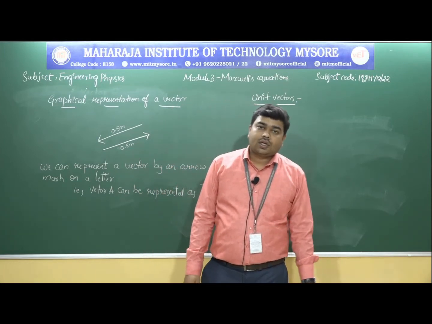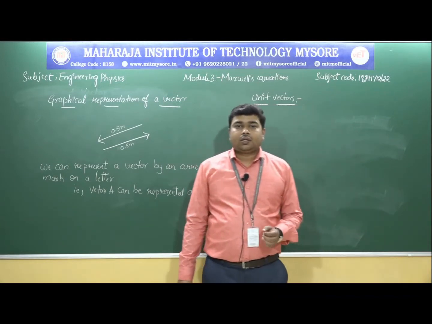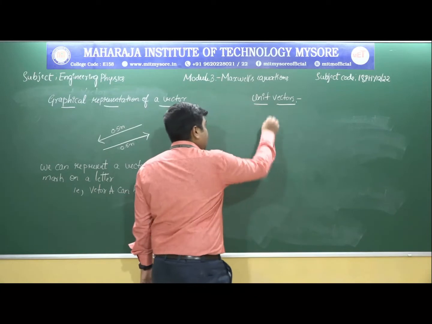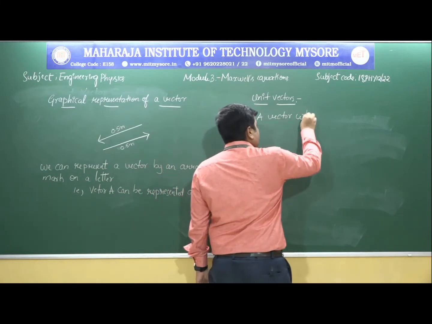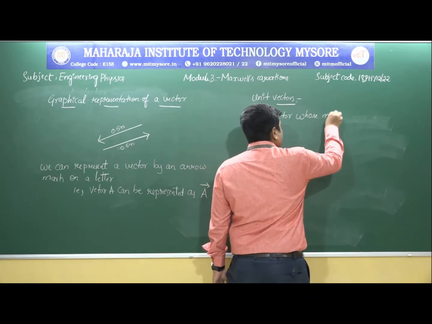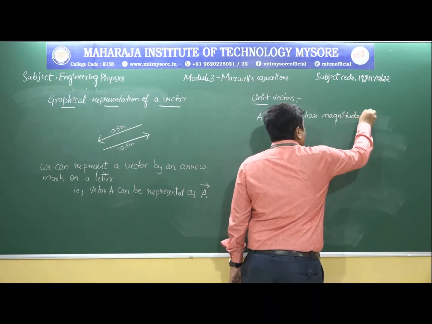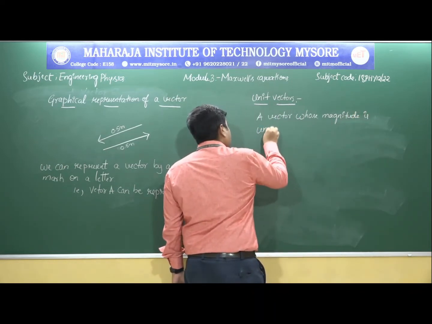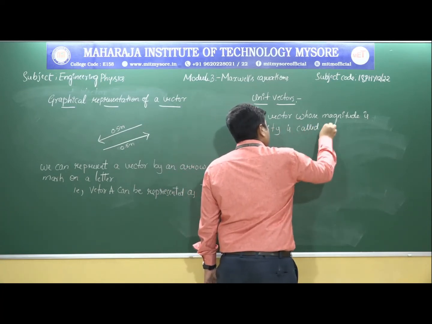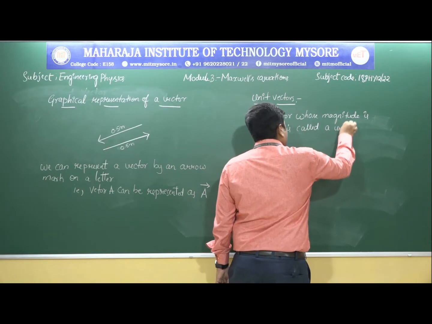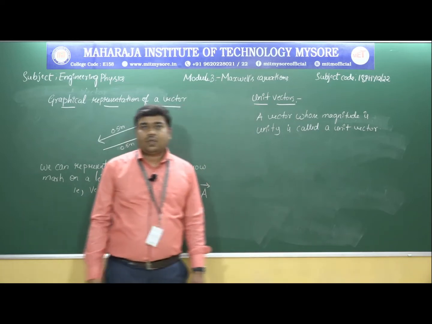I repeat, a vector whose magnitude is 1 is called a unit vector.